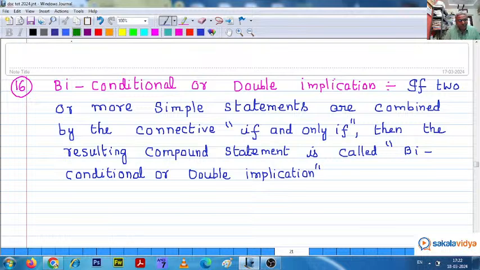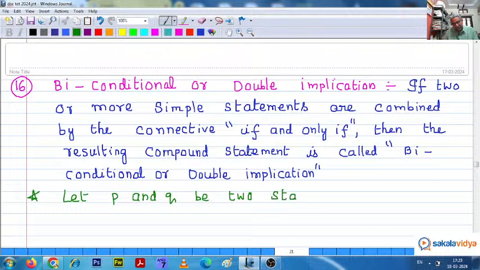For example, let P and Q be two statements, two simple statements.